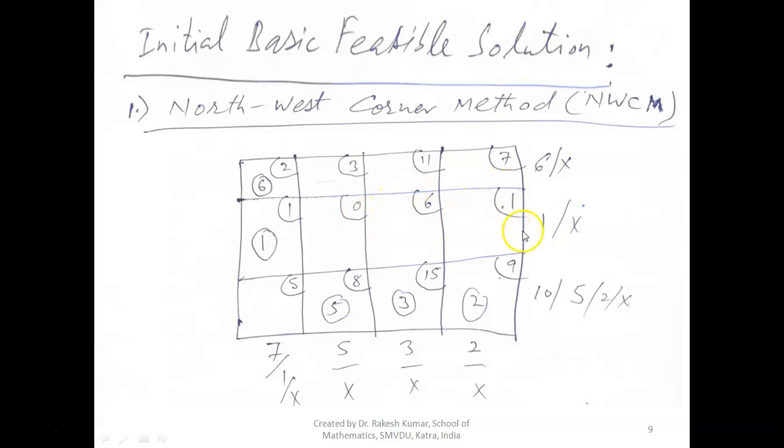The numbers put under circles denote the allocations or transportations done. But initially we don't have these values inside the circles. We have only this table consisting of these cost values, and the supply and demand, like 6, 1, 10, 7, 5, 3, 2.